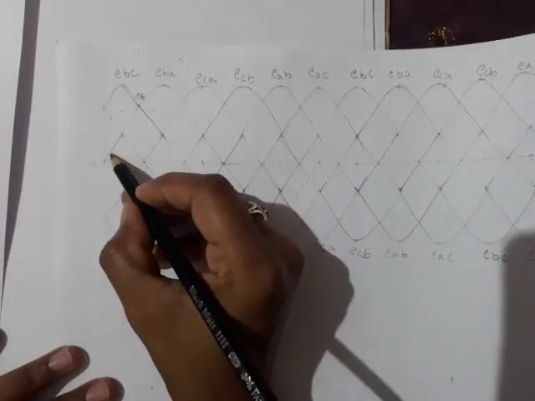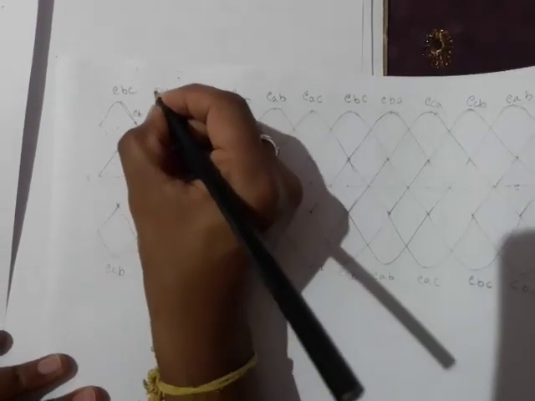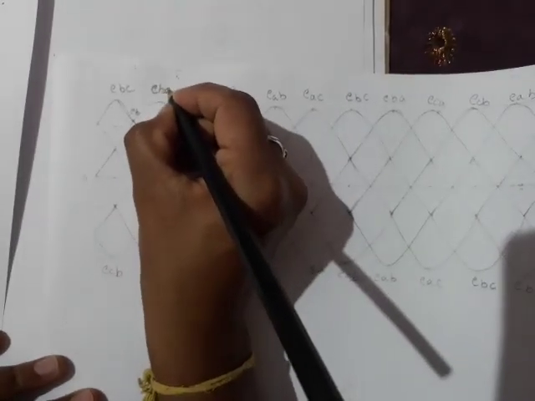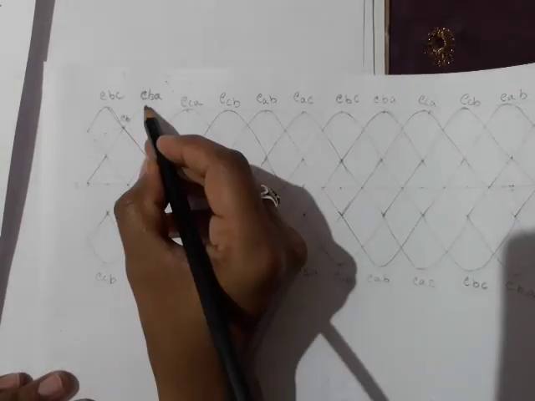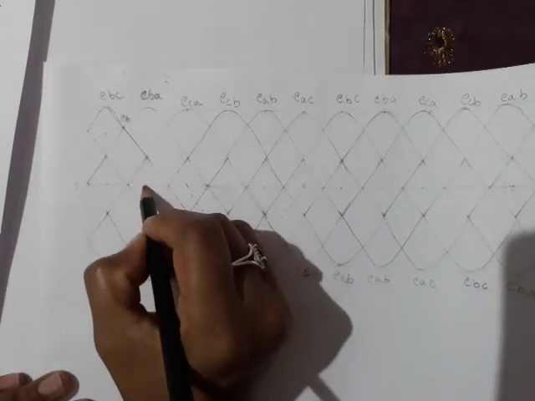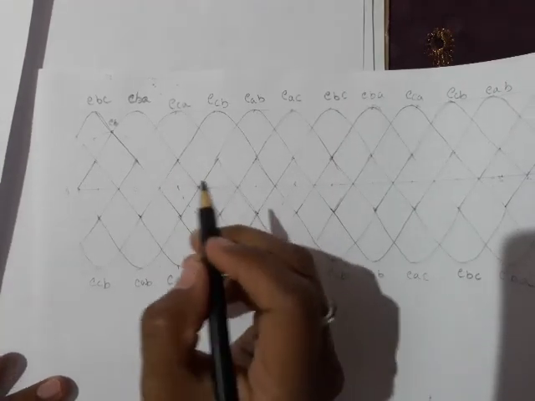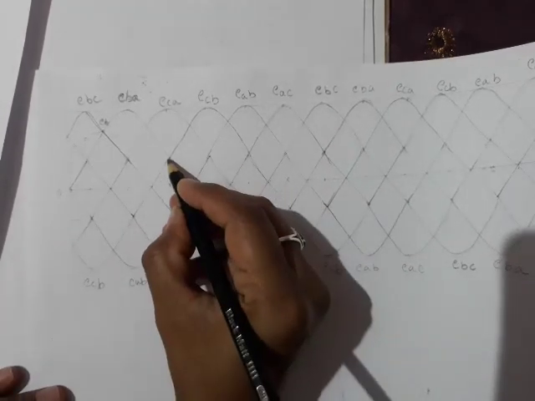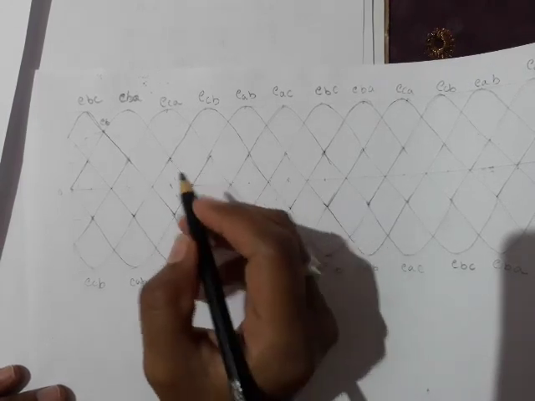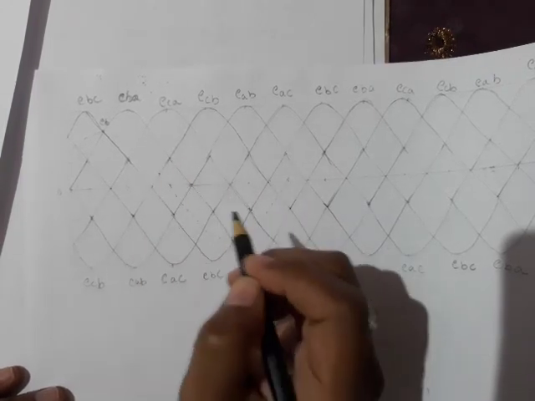So here we have EBA, right? You can see this now. This is EBA. From here to here is 90 degree. I have to trigger after this. Each triggering pulse should be at 60 degree intervals. Since I have an overlap angle, I trigger at this point.